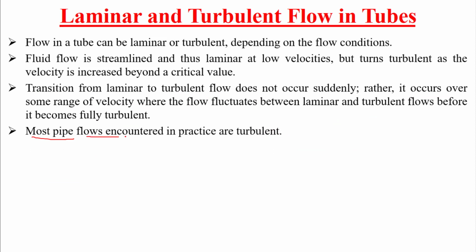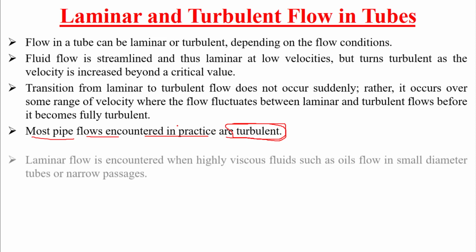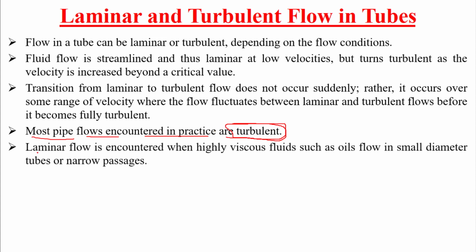Most pipe flows encountered in practice are turbulent. So in industrial applications, the flow inside pipes is most of the time turbulent. Laminar flow is encountered when highly viscous fluids such as oil flow in small diameter tubes or narrow passages.